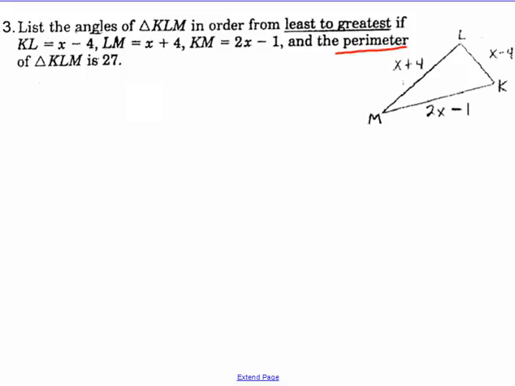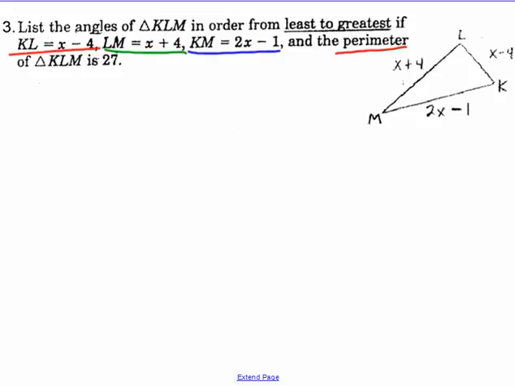The perimeter of KLM, the triangle, is 27. So if the perimeter, the distance all the way around this triangle, is 27, that means I'm going to have to take KL, LM, and KM and add them all up, and set it equal to 27 because that's the distance around.